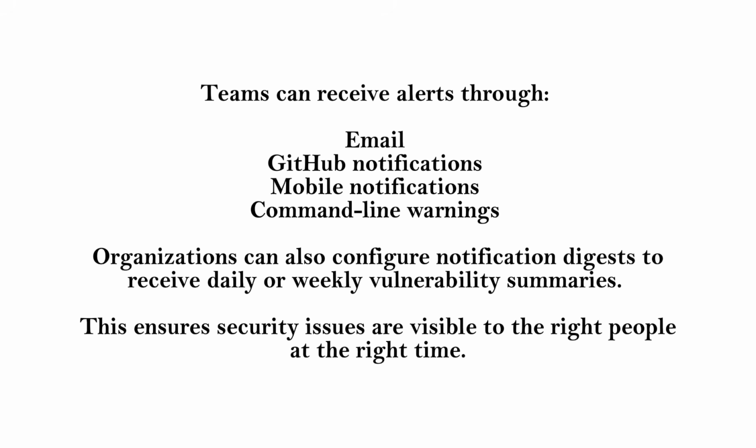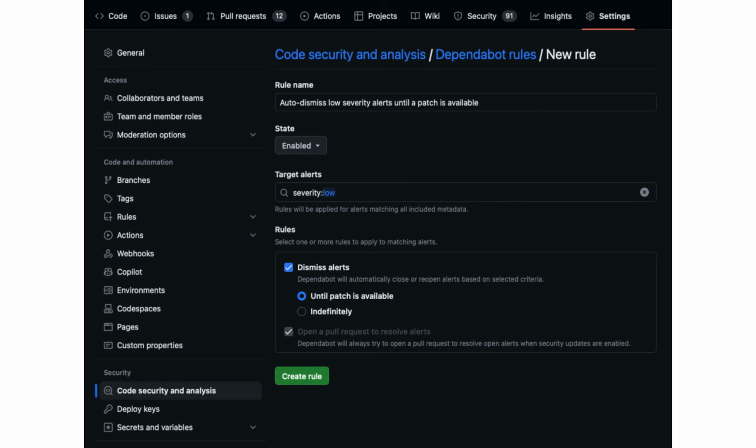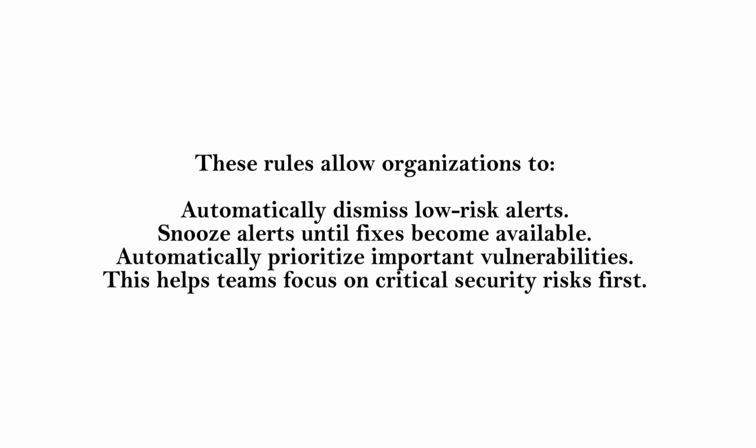This ensures security issues are visible to the right people at the right time. Auto-triage rules. To reduce alert fatigue, Dependabot provides auto-triage rules. These rules allow organizations to automatically dismiss low-risk alerts, snooze alerts until fixes become available, and automatically prioritize important vulnerabilities. This helps teams focus on critical security risks first.